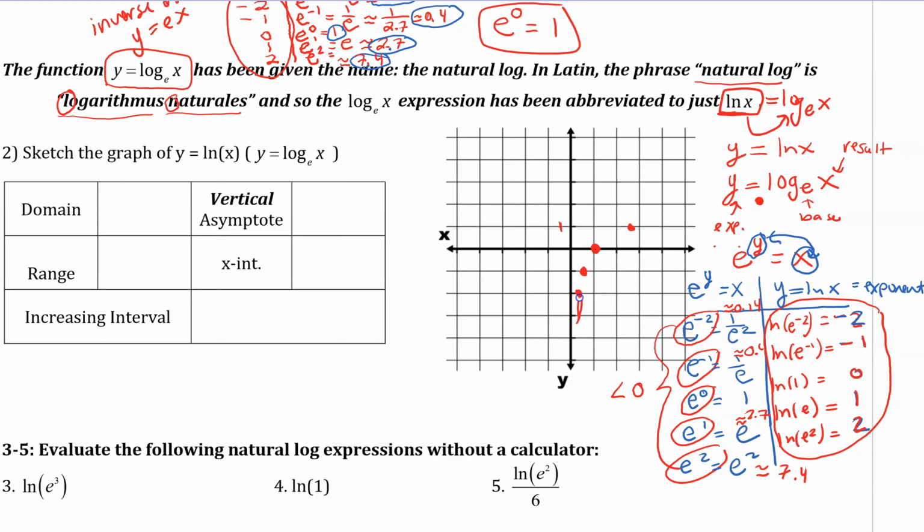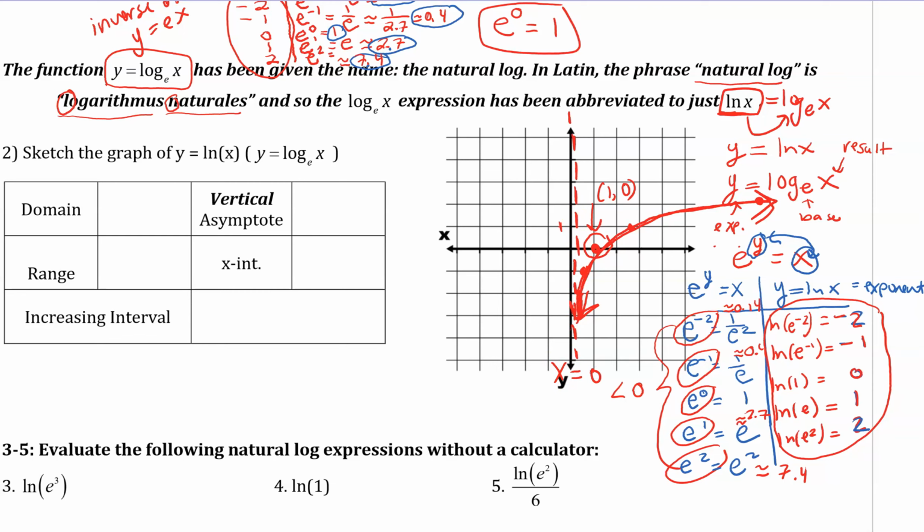And you get a graph that kind of looks like this. It has that typical shape of any log function with a base greater than 1. It has that typical x-intercept of (1, 0), which is true for any log of any base. And it has a vertical asymptote along the y-axis, or the line x equals 0, just like any other log function of any base.